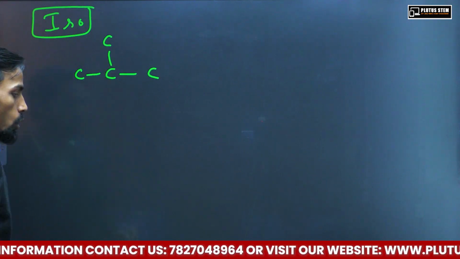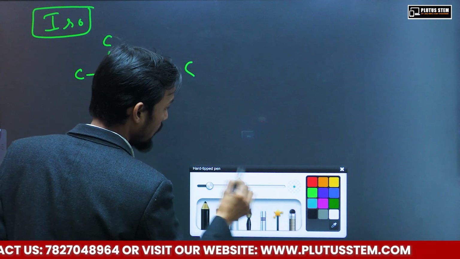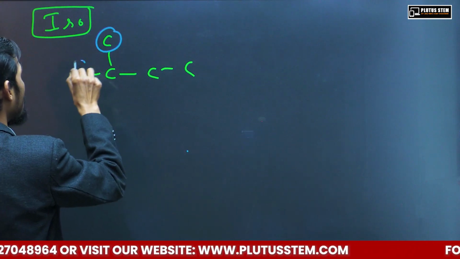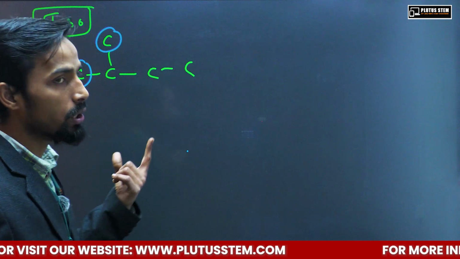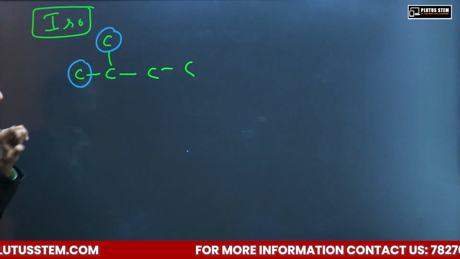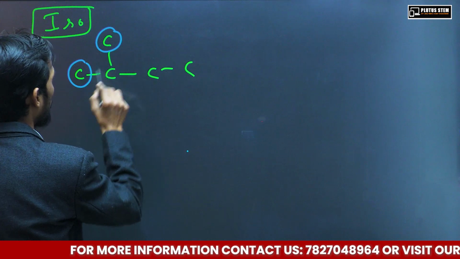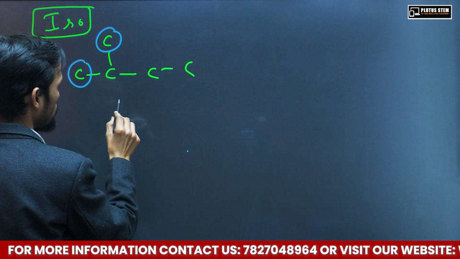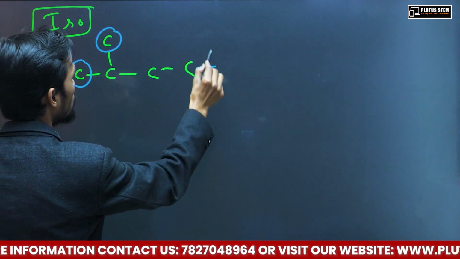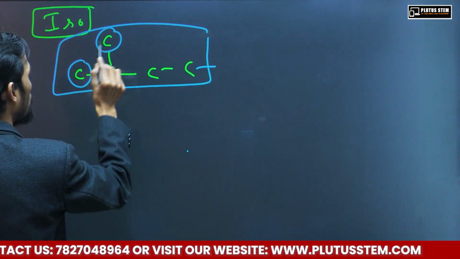Generally, this iso term is used when the second last carbon is having 2 different carbons, CH3 and CH3, which are the same. So this is iso. 1, 2, 3. So this will be termed methane, ethane, propane, butane, pentane.